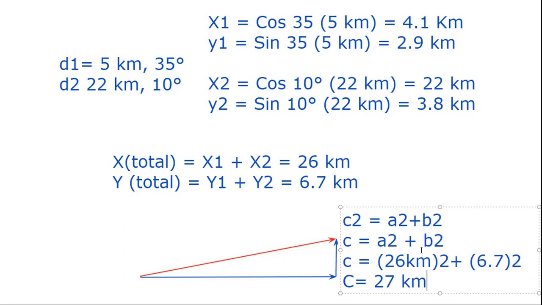C squared equals 27, just C, because the square was moved to this side as a square root. Can anybody else confirm that 26 squared plus 6.7 squared added together, square root of that, is 27?